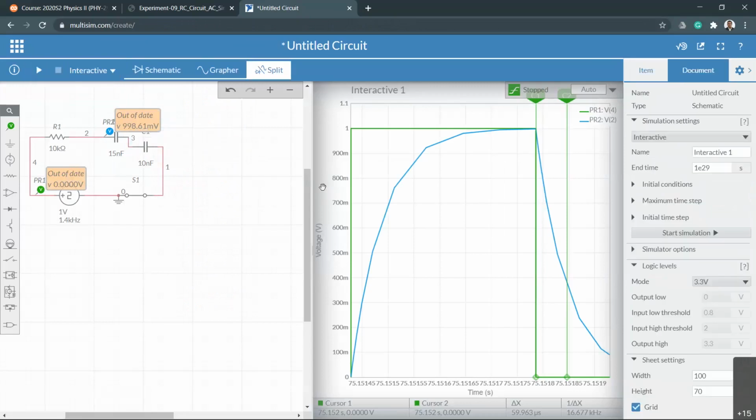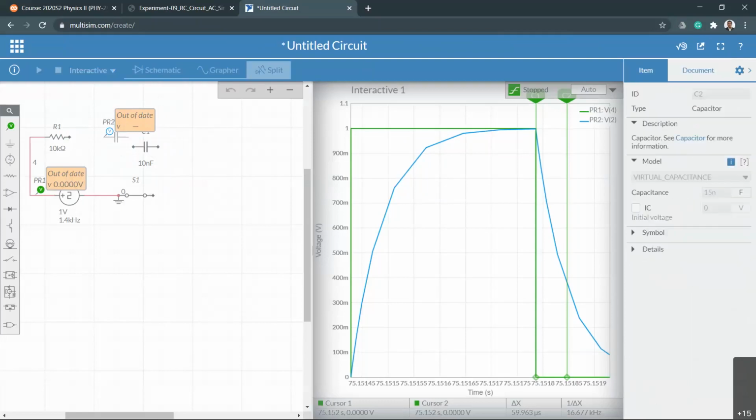Break all of these connections. Okay, now two capacitors should go parallel to each other. Break this one too. Let's rearrange the position of the capacitor a little bit.